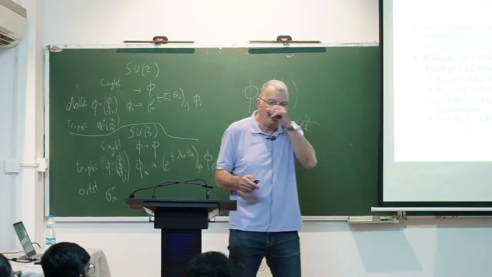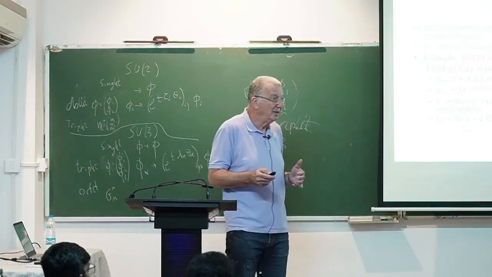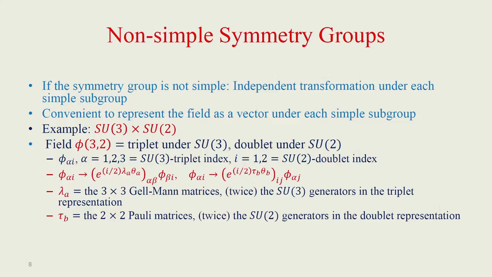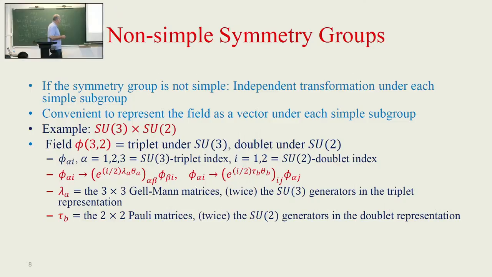These are the only representations that so far we need in order to describe nature. And the explicit transformation law of triplets is written here. A singlet goes to itself. The transformation law of a doublet of SU(2) is written here, and a singlet goes to itself. That's all that we need to know as transformation law for the standard model fields, okay?